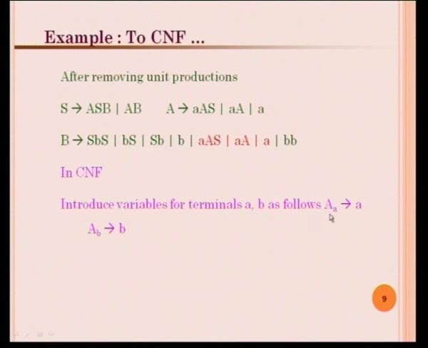So, we are introducing a new variable called capital A with suffix a, denoting that this is the variable introduced for small a, with the right hand side containing only a. And one more terminal is b. So, for b we are introducing another variable called A with suffix b, whose right hand side is going to be b. Once we have introduced these 2 productions, we can go for replacing the small a available in the right hand sides as well as small b with capital A with suffix a and capital A with suffix b.